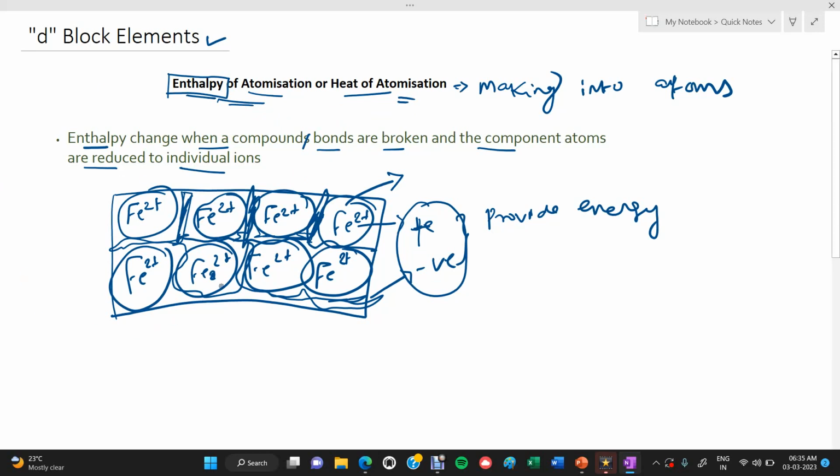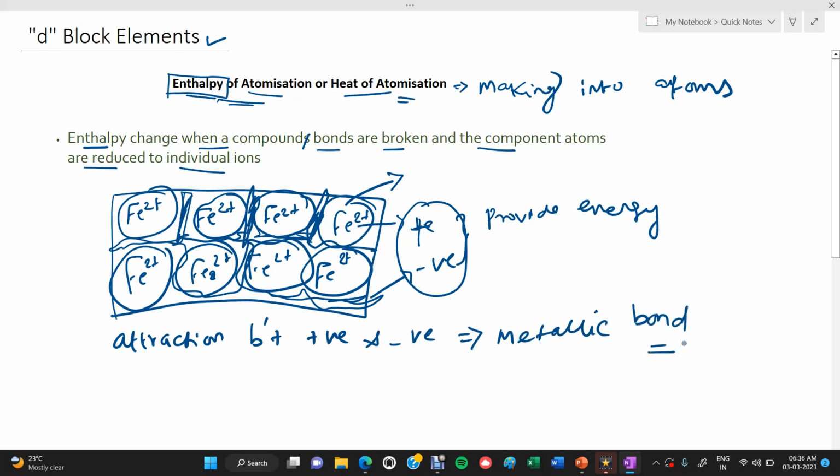Got it? So the attraction between the positive and negative part gives rise to metallic bond. And if I have to create atoms, I have to supply energy to break this metallic bond, right?